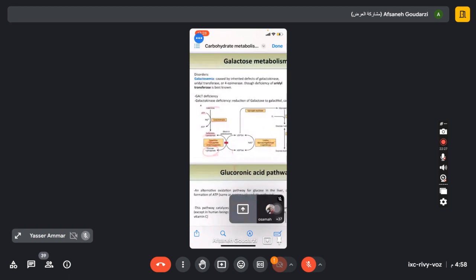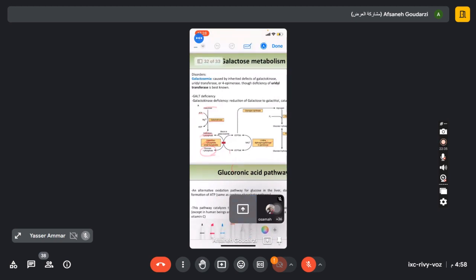Regarding the disorder reported in galactose metabolism, one disorder known as galactosemia has been reported, which is caused by inherited defects of galactokinase, I mean this enzyme. Upon a defect in this enzyme, the disorder is known as galactosemia.